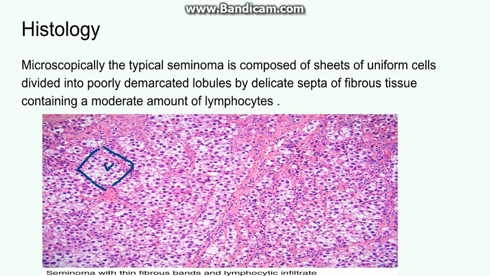These are the tumor cells, and these are the septa, and the septa are infiltrated by lymphocytes. So typically the seminoma is composed of sheets of uniform cells divided into poorly demarcated lobules by delicate septa. These septa are infiltrated by a moderate amount of lymphocytes. This is a typical picture of seminoma.